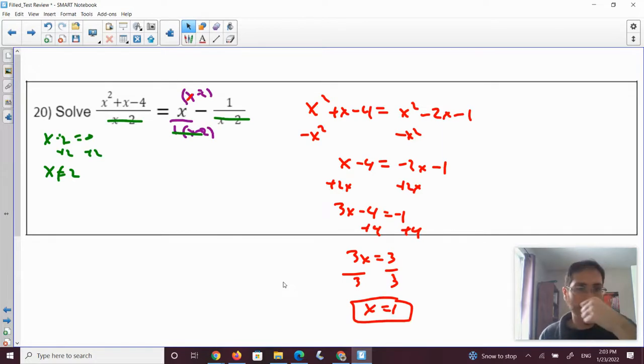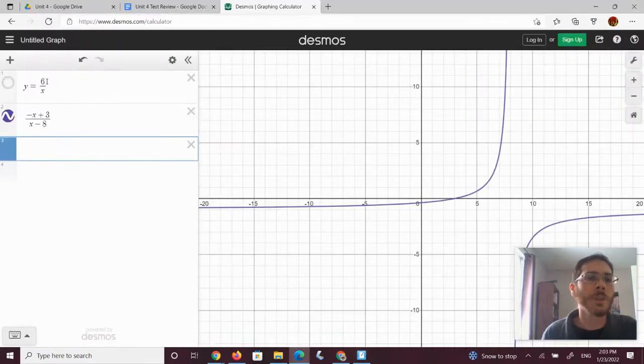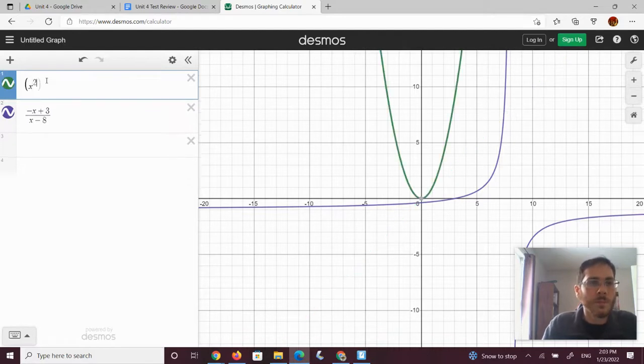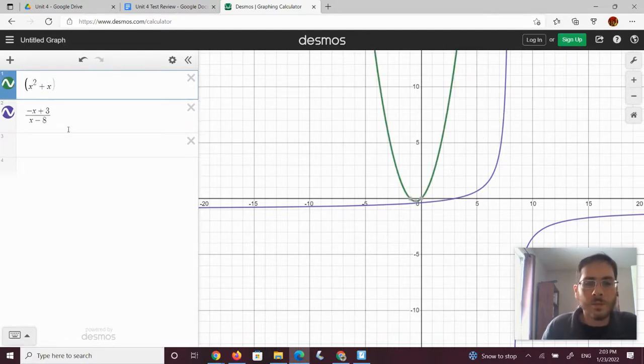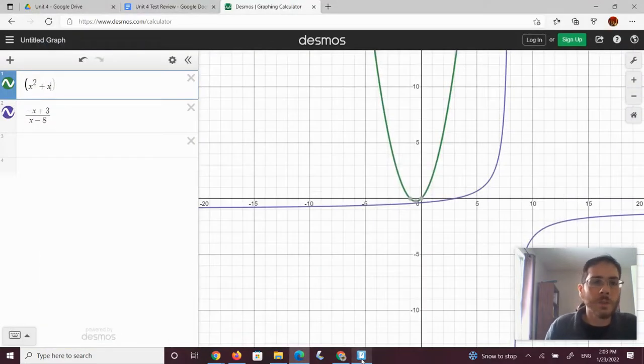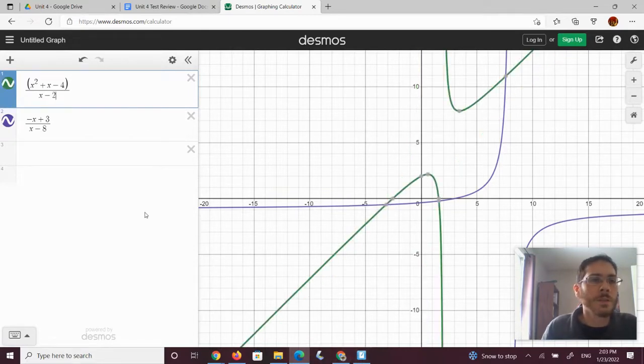For number 20, if we want to solve it, and just like the other one that we solved like this, we got to go left side and then right side. So x squared plus x minus 4 over x minus 2. All right, pretty cool looking graph. But again, we can see that we don't want this answer right here because the equation doesn't exist there.